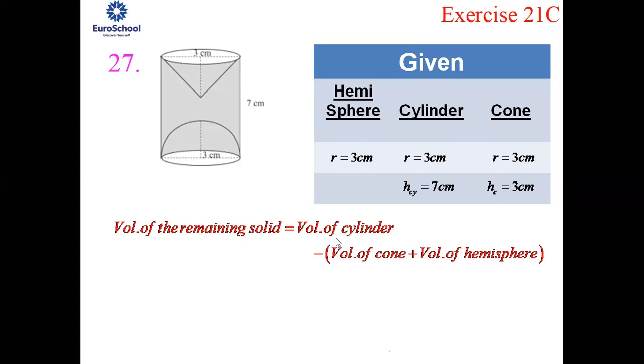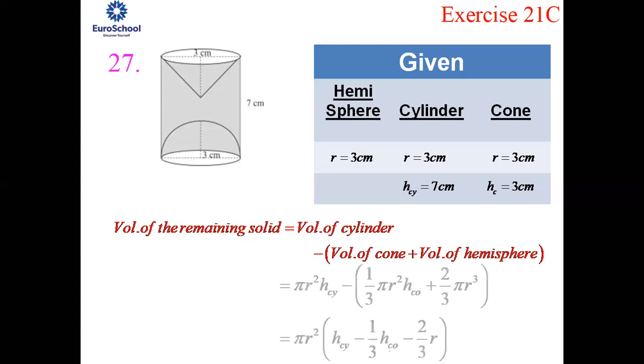Is that clear? Now, what is the formula for the volume of a cylinder? Ma'am, pi r square h. Pi r square h cubic units. Volume of cone? 1/3 pi r square h. And volume of hemisphere, 2/3 pi r cube. The radius is common throughout, so I have written it without suffix.